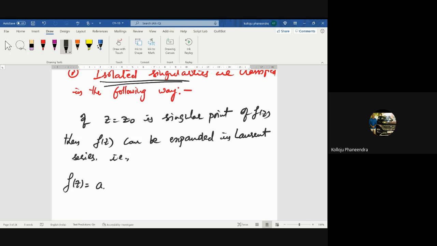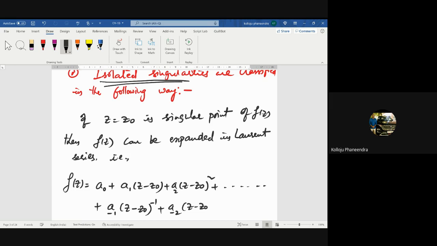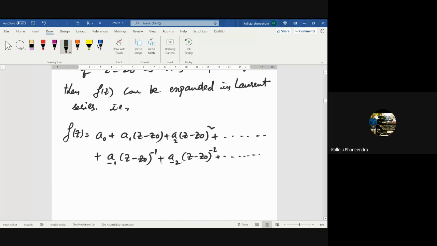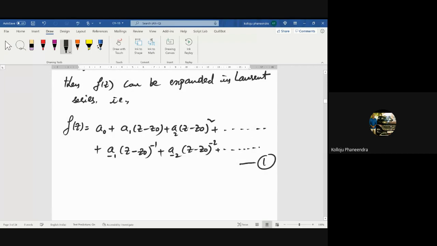So a naught plus a1 into z minus z naught, a2 into z minus z naught whole square. These are all positive powers, plus the negative powers: a minus 1 into z minus z naught whole power minus 1, a minus 2 into z minus z naught whole power minus 2, and so on. Let's take this as equation 1.